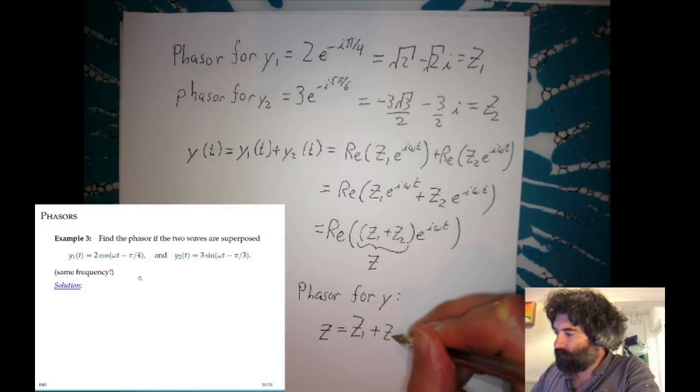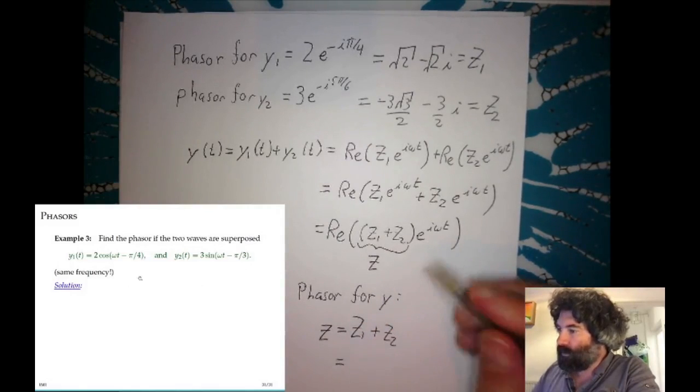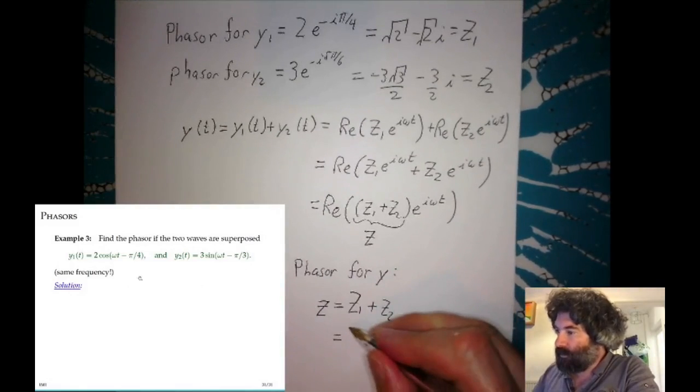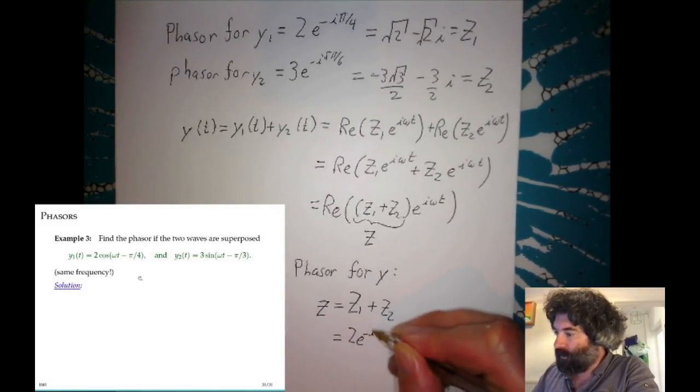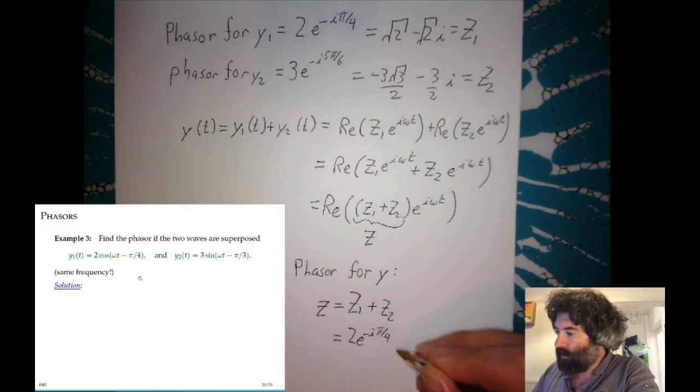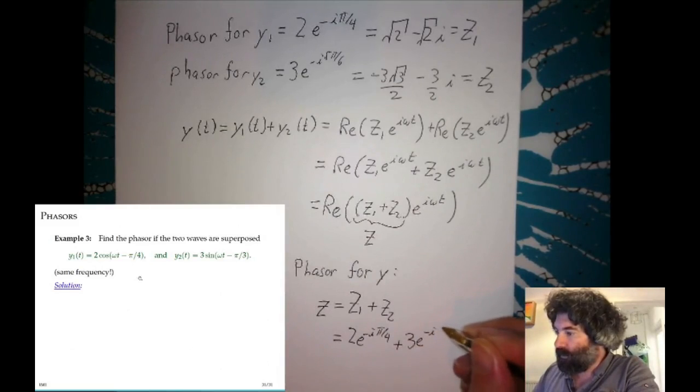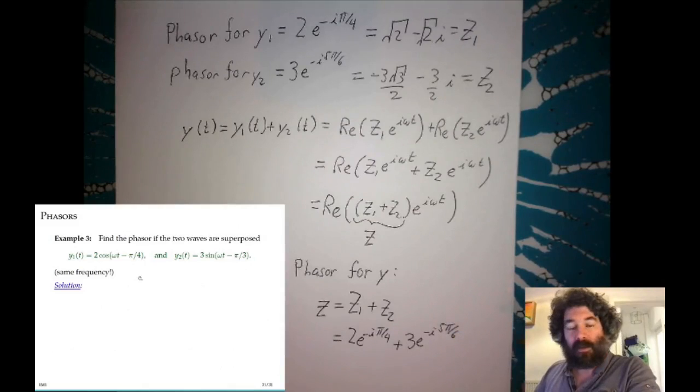So z1 was 2 e to the negative i pi over 4. Z2 was 3 e to the negative i 5 pi over 6. Right?